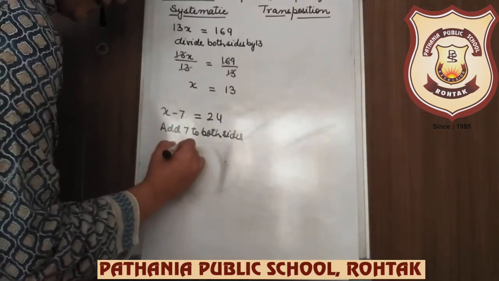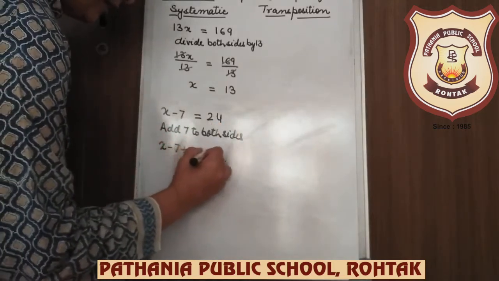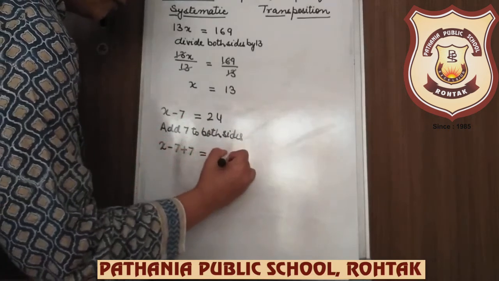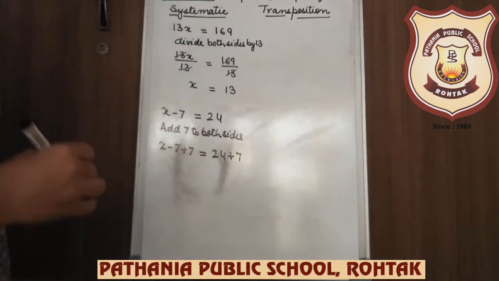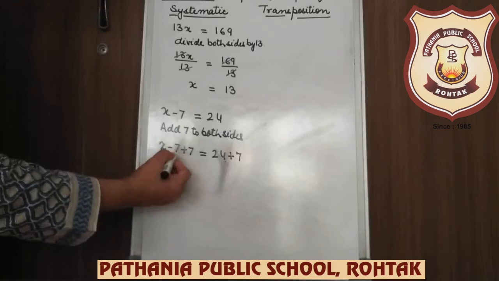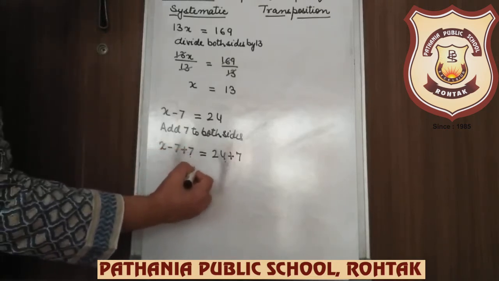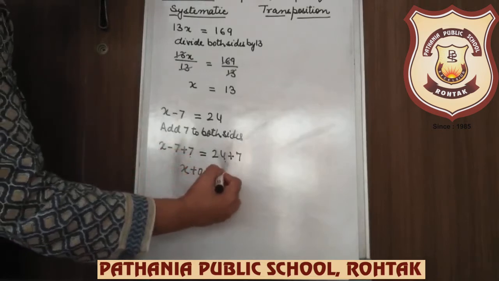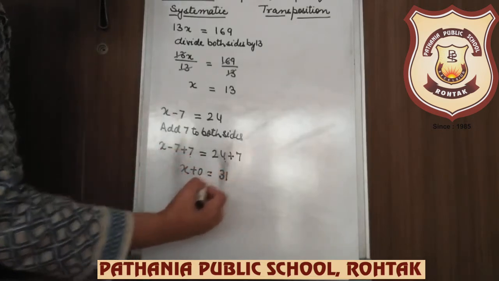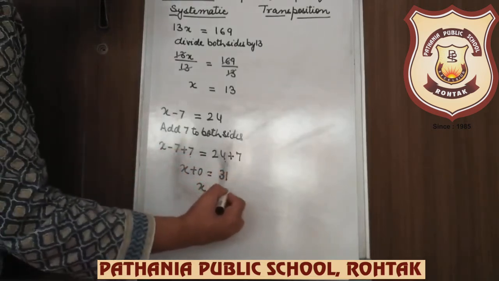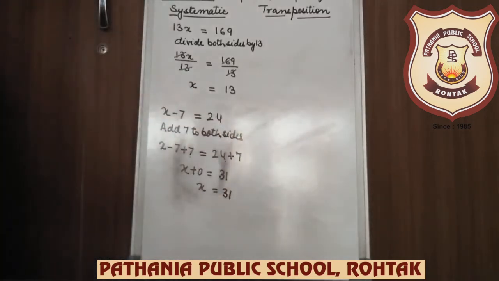So x minus 7 plus 7, 24 plus 7. These two, minus 7 and plus 7, will become 0, is equal to 31. So x is equal to 31.